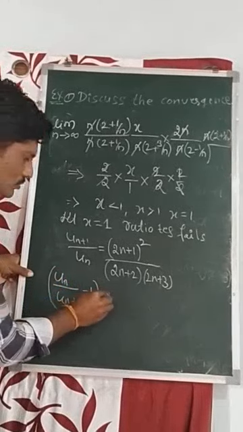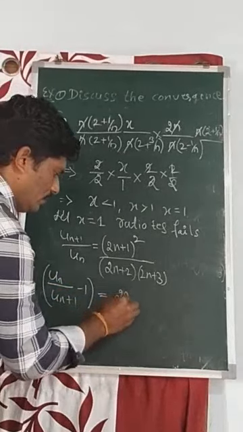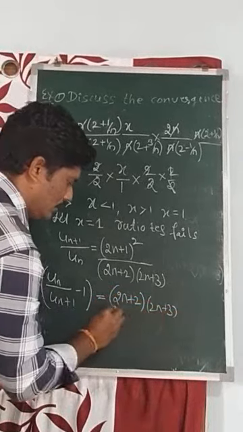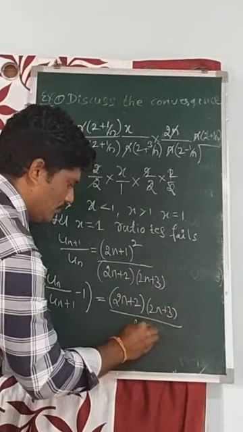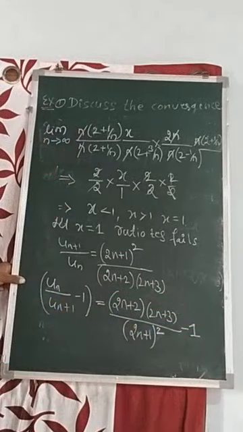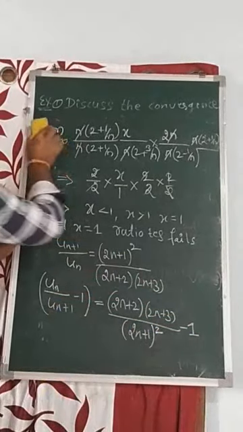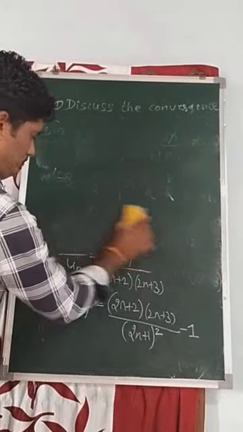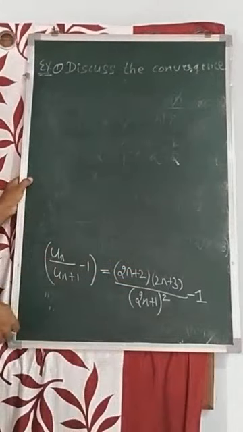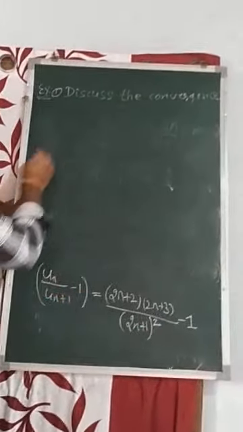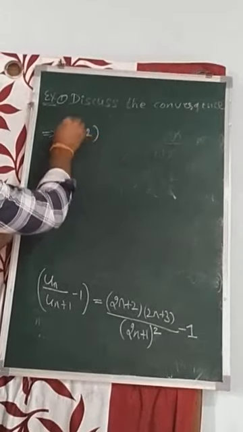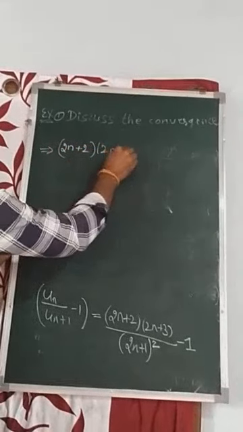Minus 1, taking minus 1 on both sides. 2n plus 2, 2n plus 3 divided by 2n plus 1 bracket square, minus 1. Next, multiply this term. 2n, this implies 2n plus 2 first term, 2n plus 3.